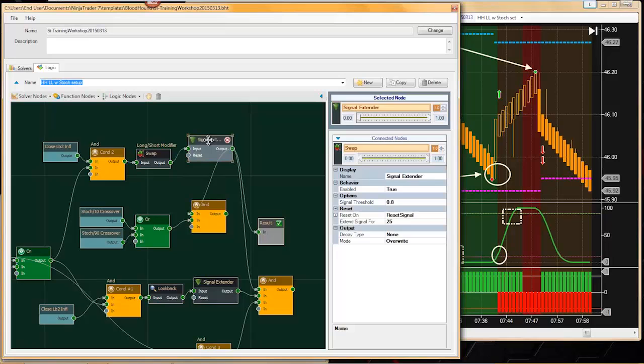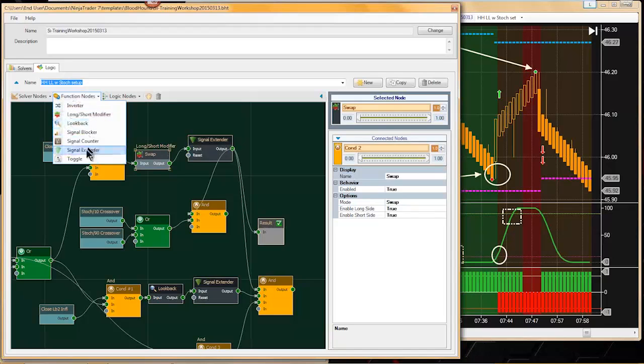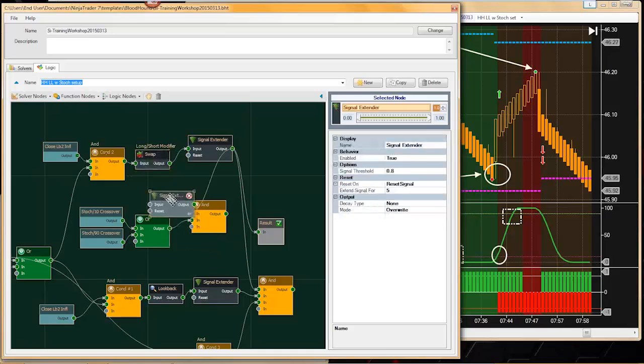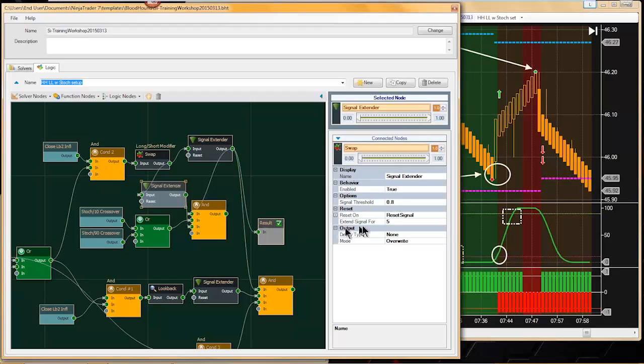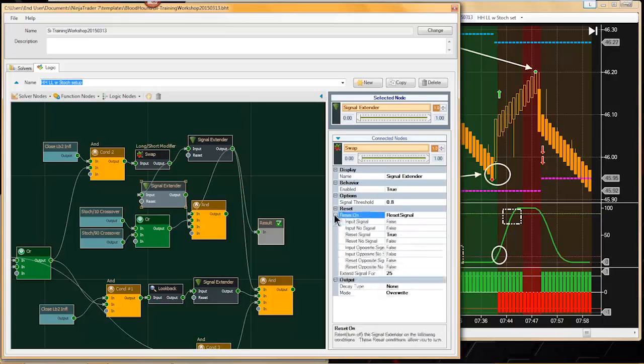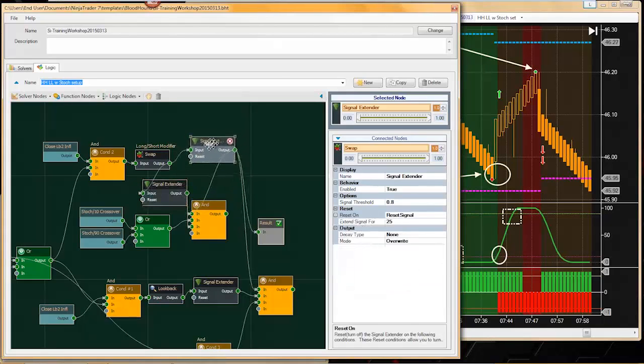So what I need to do is, let's see, I think I can just grab another signal extender, like so. And so I'm going to set this signal extender up the same way as I set my other one up.